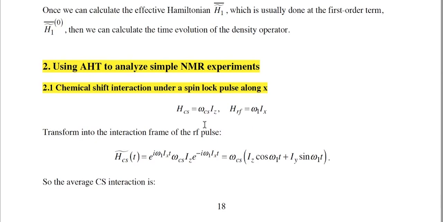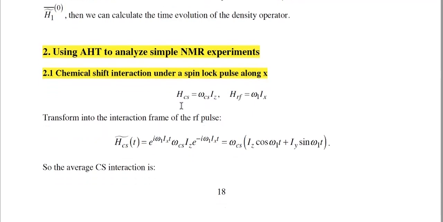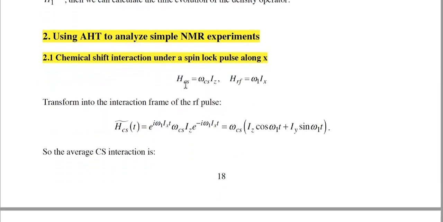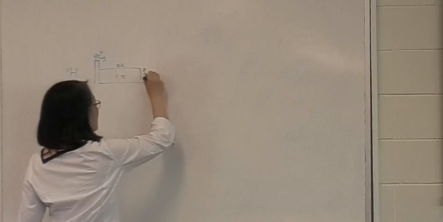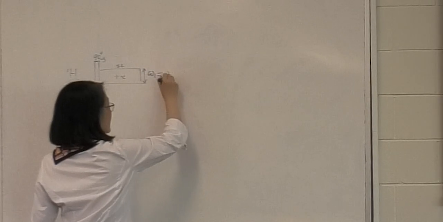But if you have a spin lock, then let's think about the Hamiltonians. The chemical shift interaction, HCS, is omega CS times IZ. This is still true. And I have an RF Hamiltonian. As I sketched out, I want to think about a spin lock along the X direction with a field strength of omega 1. This is how strong it is.